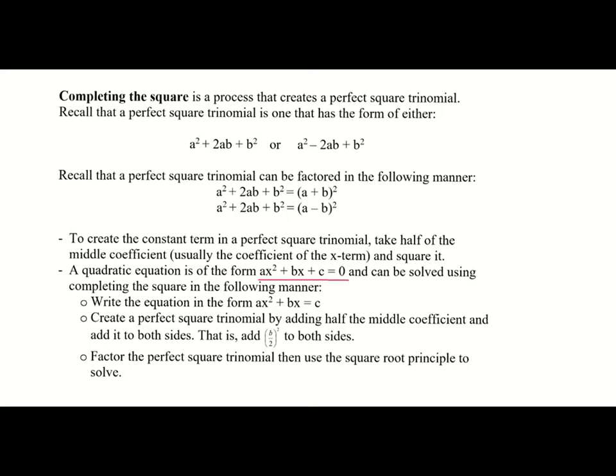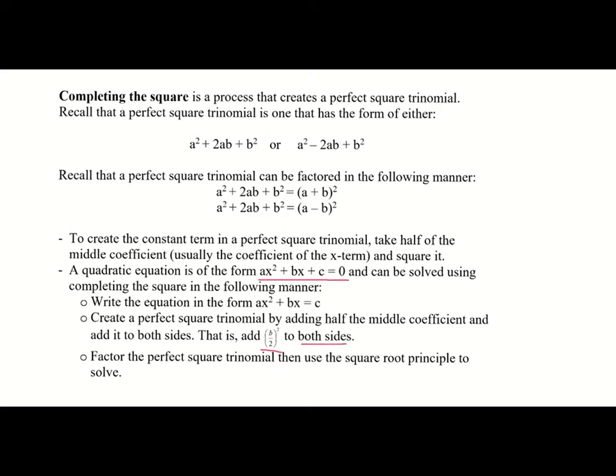And then to create our perfect square trinomial, we are going to add b divided by 2 squared to both sides. So we're going to take the coefficient of the x term, b, divide it by 2, and then square it. And we will add that to both sides.